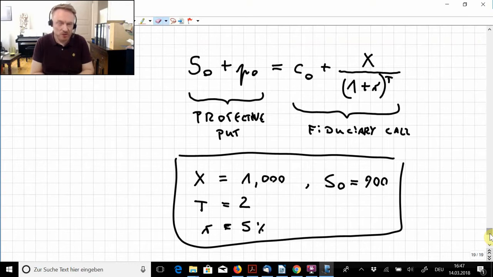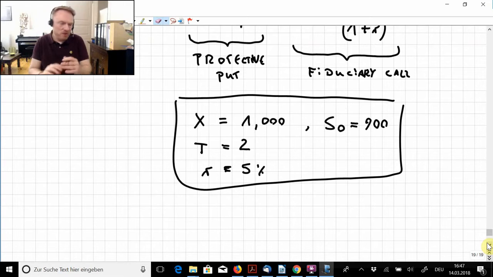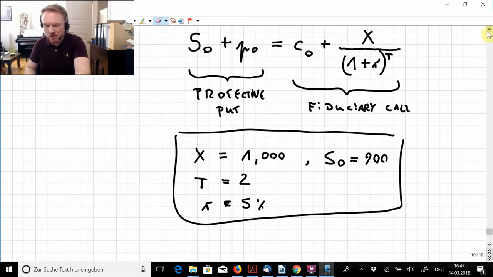Given those numbers, we can know the difference between the two options, which is P0 minus C0. If we put it all in this formula, P0 minus C0 is equal to the sum or the difference of all those numbers coming into this formula.